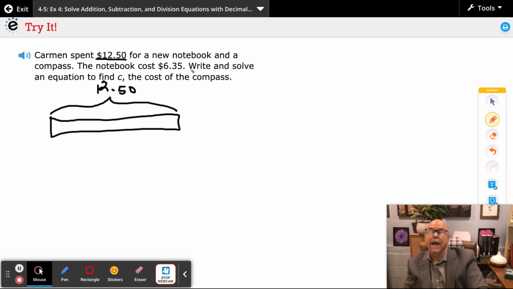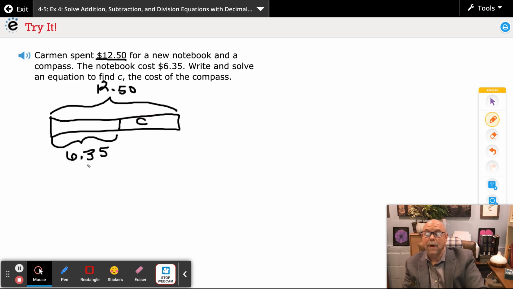All right. We know a new notebook and a compass is what he bought. So the bar model here represents a new notebook and a compass. The notebook is $6.35. I'm just going to kind of ballpark that and say this is $6.35. The thing that I don't know anything about is C, the cost of the compass.